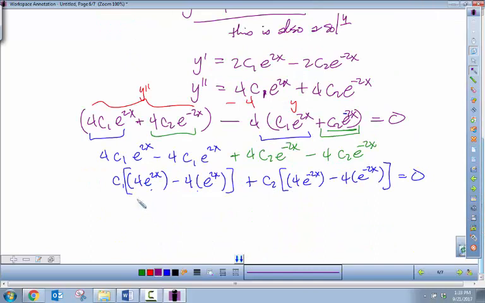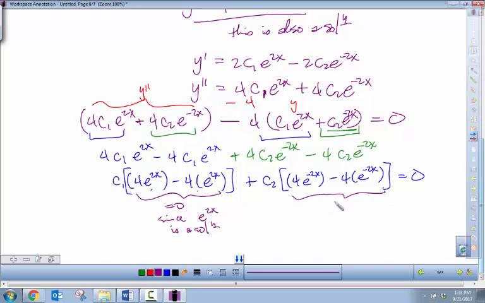So this thing is equal to 0 since e to the 2x is a solution. This thing over here is equal to 0 because e to the negative 2x is a solution.